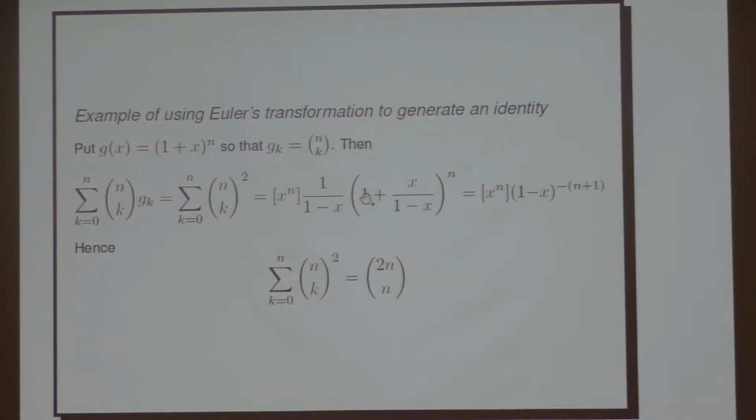So we have (1 plus q) to the power n. Again, if we multiply this out, we end up with this, and if we do something similar to before, use binomial expansion, it turns out that the answer is 2n choose n. So very simple to get that identity.